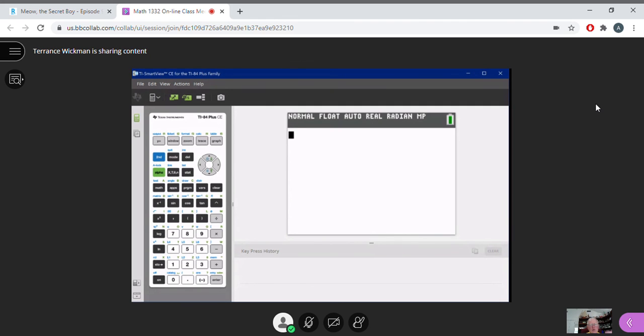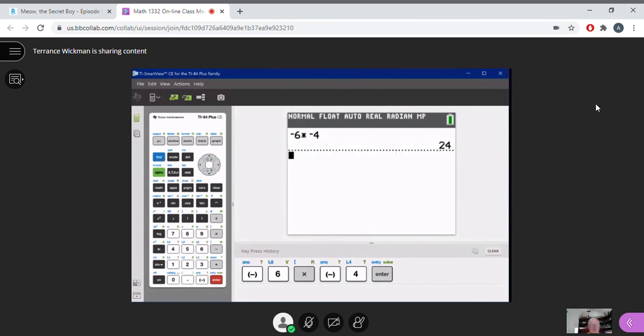Anyway, so we take negative, which is this little number down here with the parenthesis. This little negative sign. The one to the right, one of the gray ones, that means subtraction. So then it works. You take negative 6 times negative 4. That's going to give you positive 24. Now let's do it the other way. Negative 6 times a negative 4.